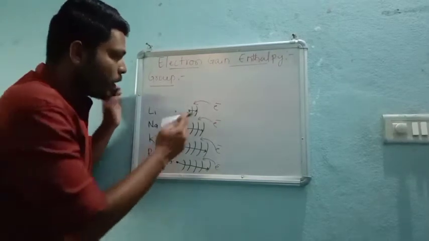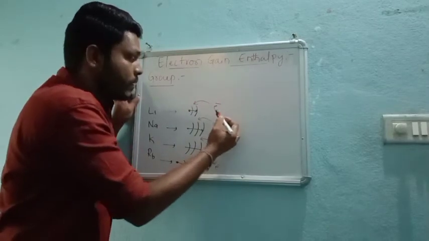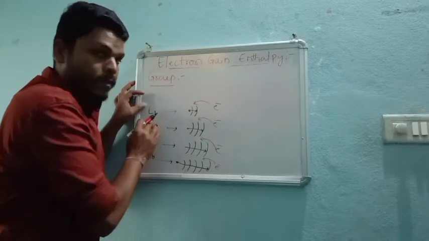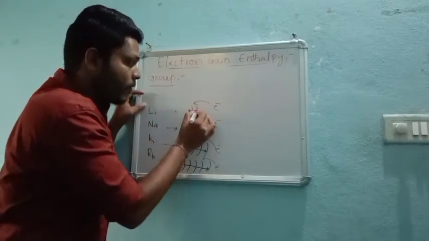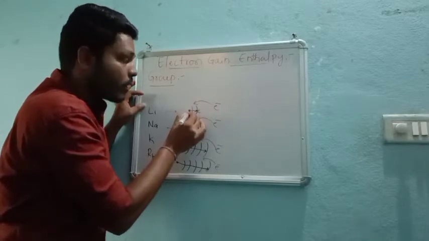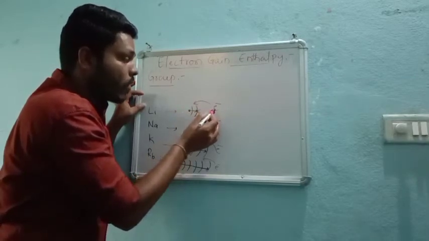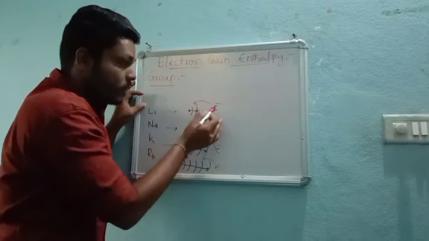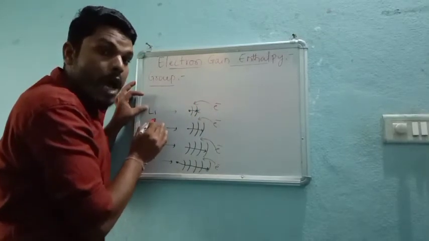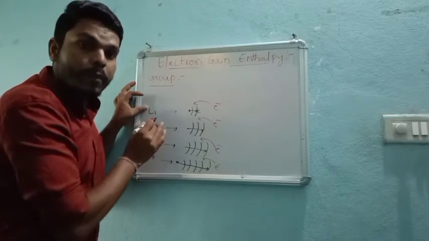And now coming to lithium. If I add the electron to lithium, first of all, the lithium valence shell is very near to the nucleus. This is very important. So if I add an electron to lithium, a large amount of energy will be produced.